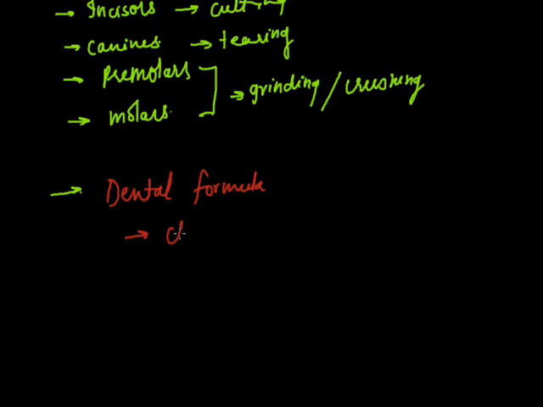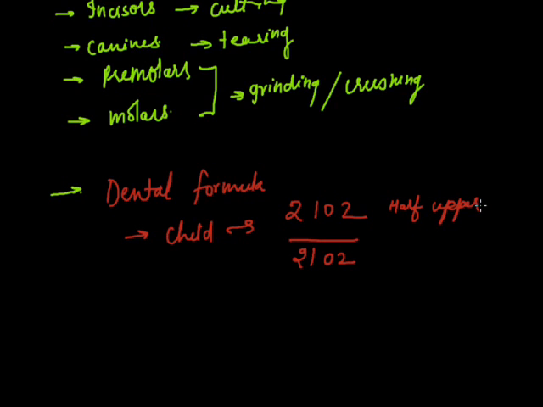In a child, the dental formula is 2102 upon 2102. This is the half upper jaw, and on the other hand, this shows the half lower jaw.